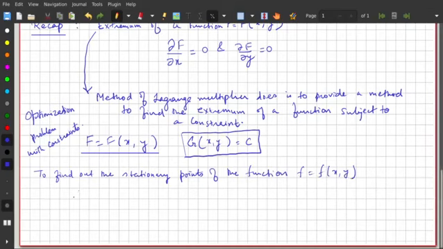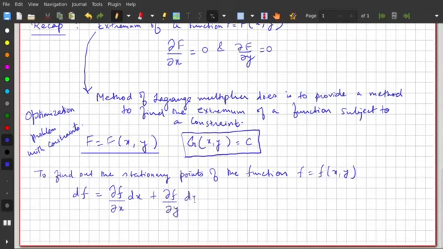What we do is we take df. We can write it in terms of the partial derivatives: partial f partial x dx plus partial f partial y dy, and since we want to find the stationary points, that means locally the function does not change.